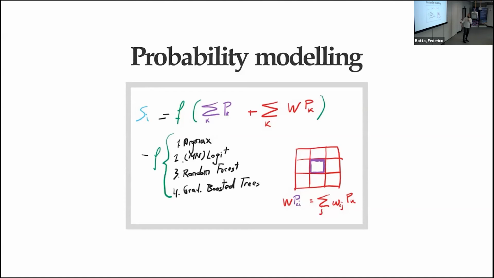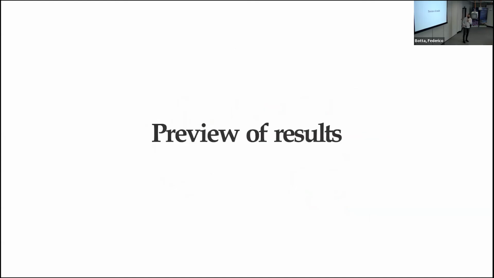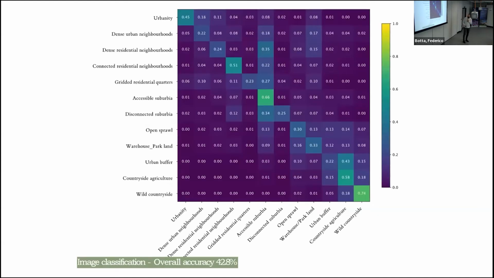For each chip, we look not only at the probabilities of that individual chip, but also at its neighboring chips. And then we include that within spatial models: random forest, gradient boosted trees, or even just linear logit. And we look into the effect of a spatially lagged second layer machine learning model on top of the neural network. And a couple of previews of the results.